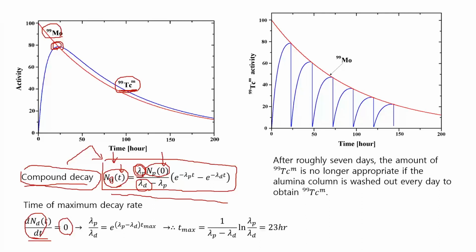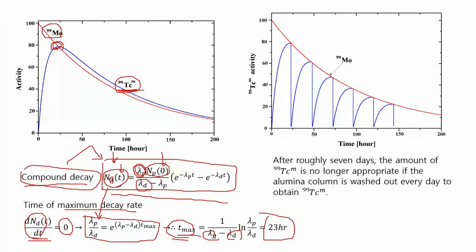Then we can get the time at which the production of this radionuclide is maximum. Putting in lambda_p and lambda_d, we obtain 23 hours.